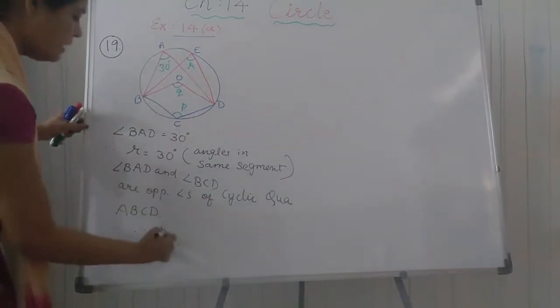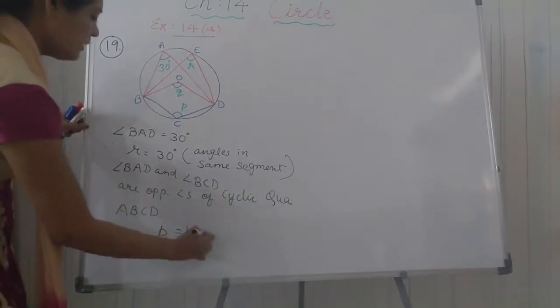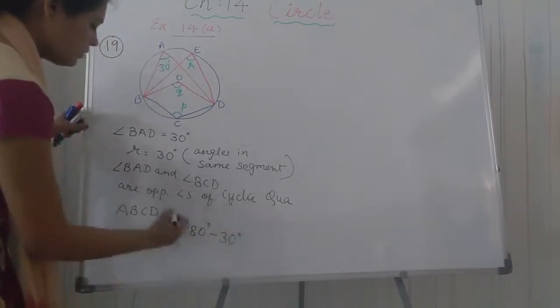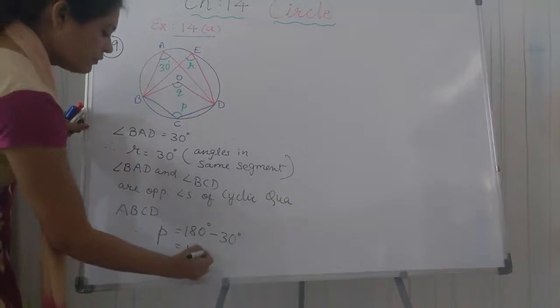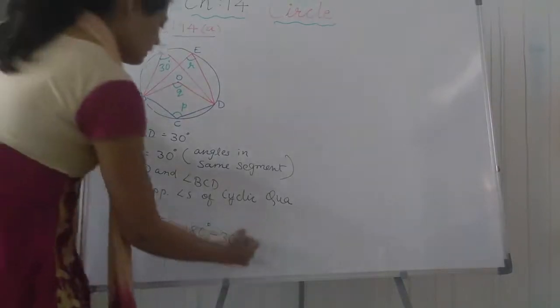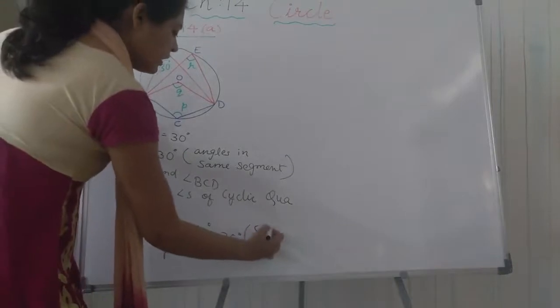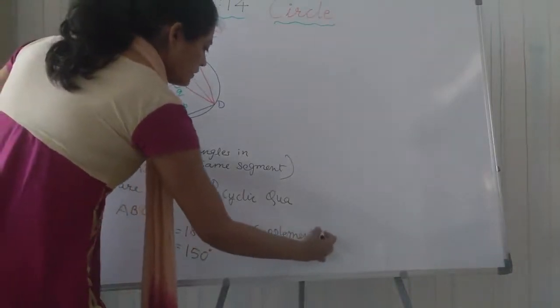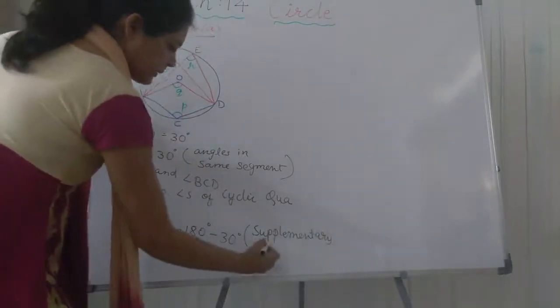Therefore, P is equal to 180 degrees minus 30 degrees. They are supplementary, no? So 150 degrees is the value of angle P. So you can write here supplementary angles, right? That is the complete reason.